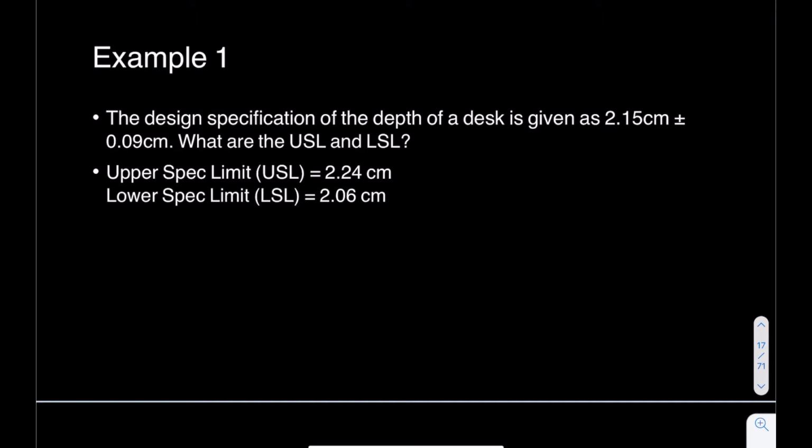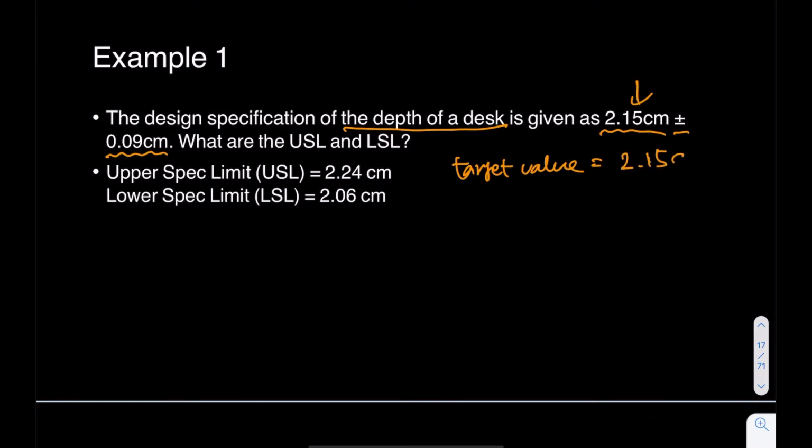Here, the design specification of the depth of a desk is given as 2.15 centimeters plus minus 0.09 centimeters. From here, what we can find is that, in this format of design specification, the target value must be 2.15 centimeters.